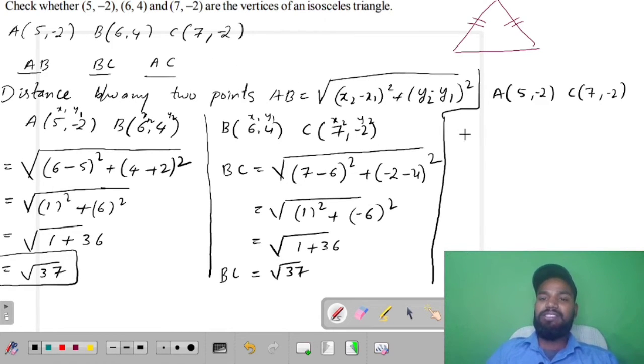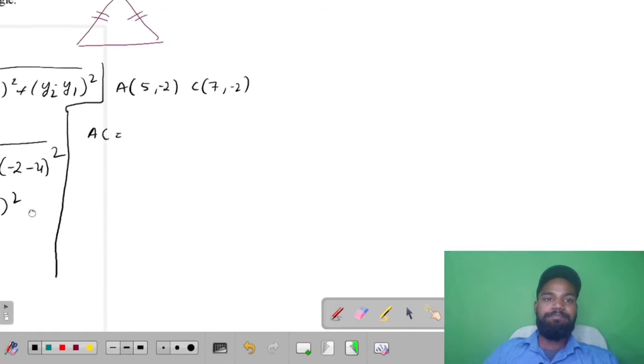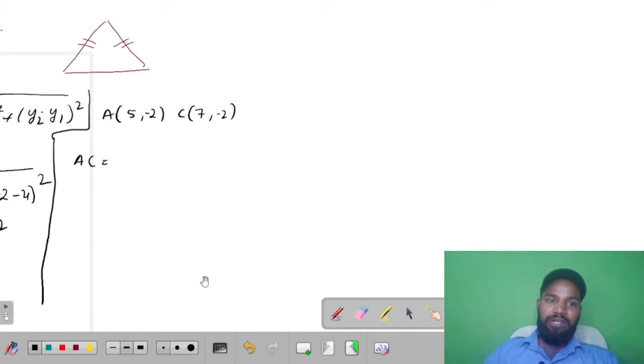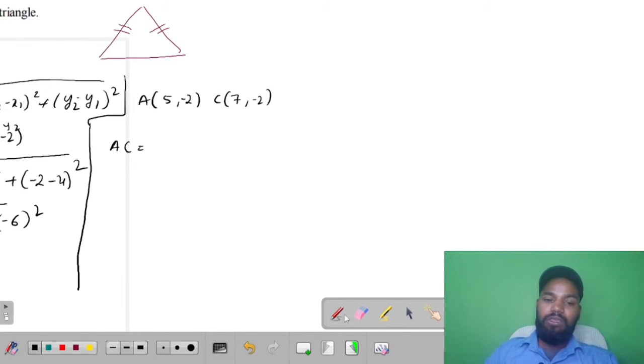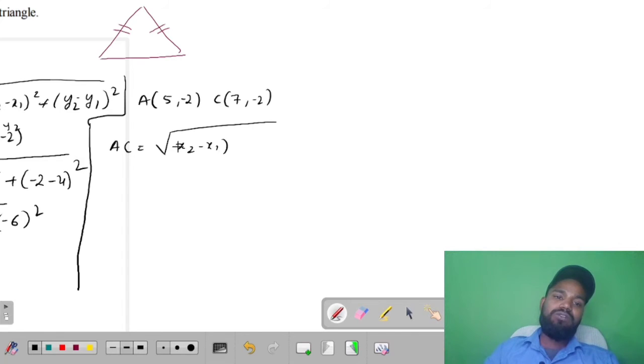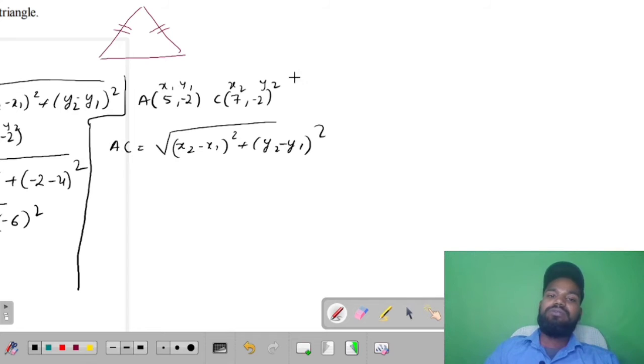We should find the AC distance. What is the formula? Under root (x2 minus x1) whole square plus (y2 minus y1) whole square. This is the standard formula. Here this is x1, y1, x2, y2. Then substitute them.